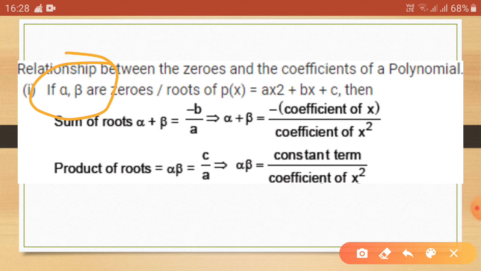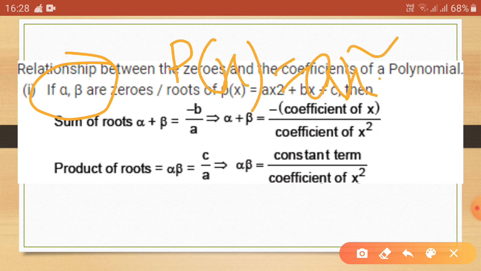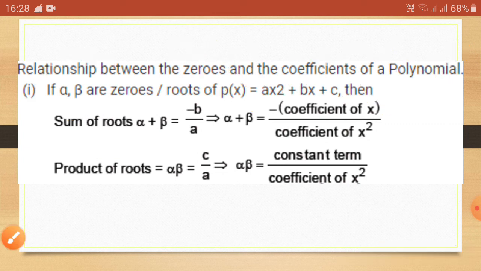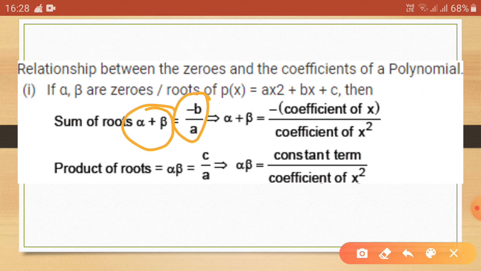So alpha and beta are the zeros or roots of the polynomial expression p(x) equal to ax square plus bx plus c. Then the sum of roots will be minus b by a.